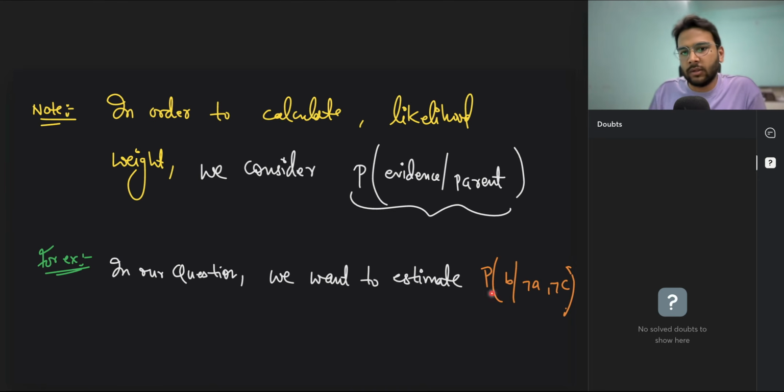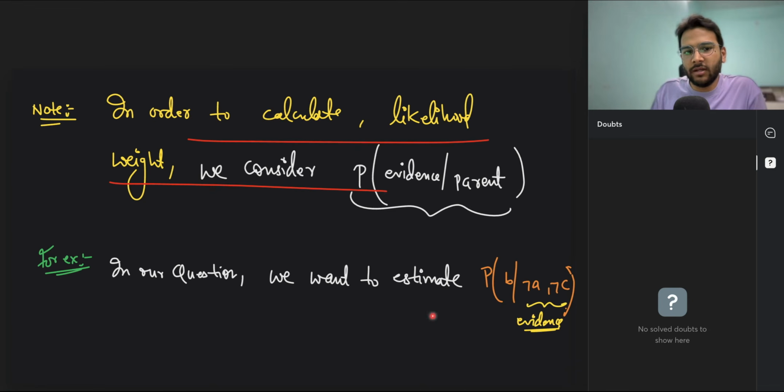So this is our evidence, because this is what we want to estimate. But when we are calculating likelihood weight, this not of A, not of C, this is our evidence, right? This is what we have to consider, right?